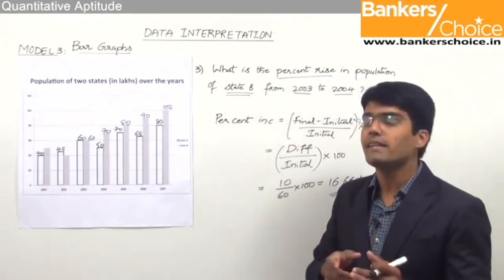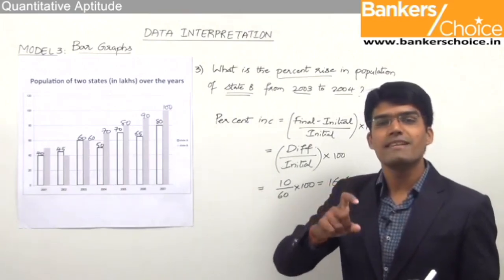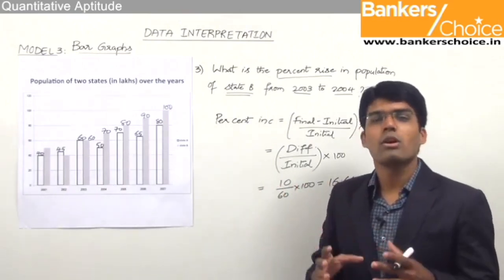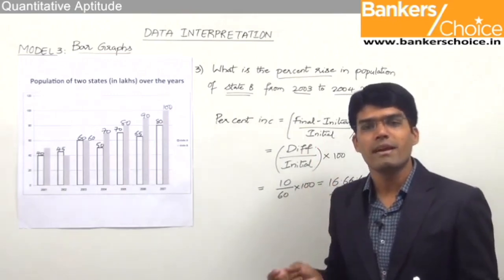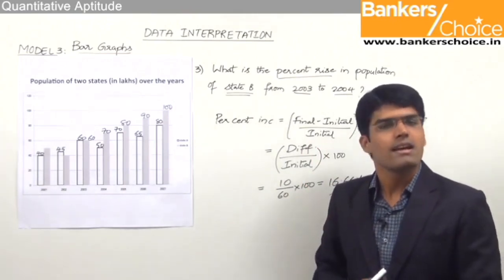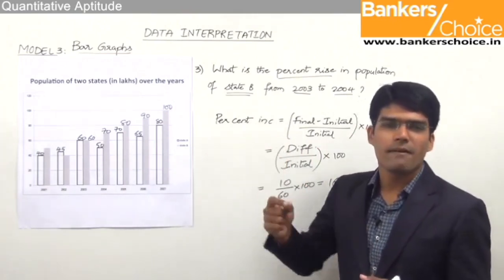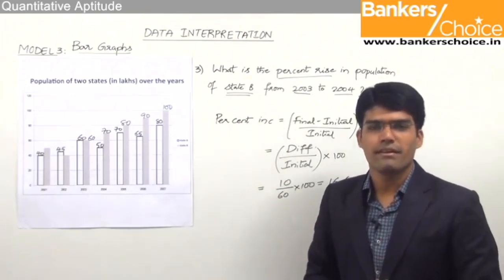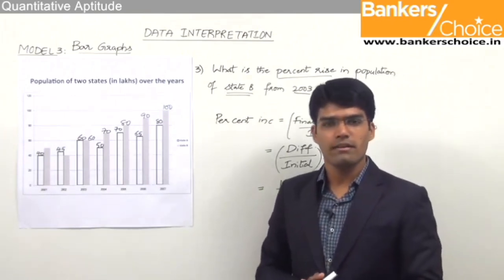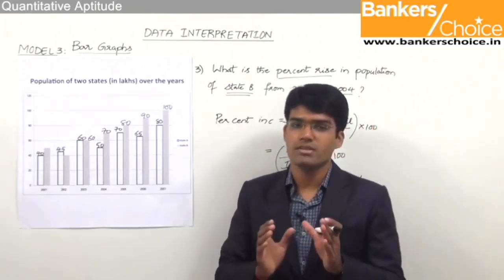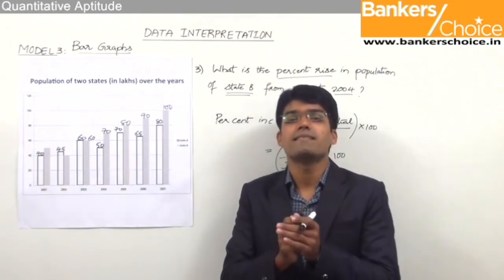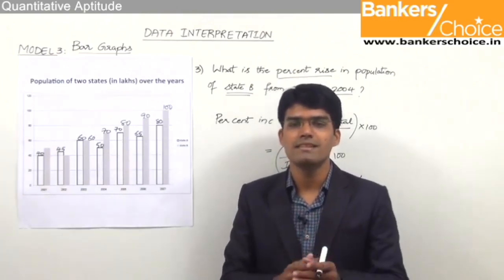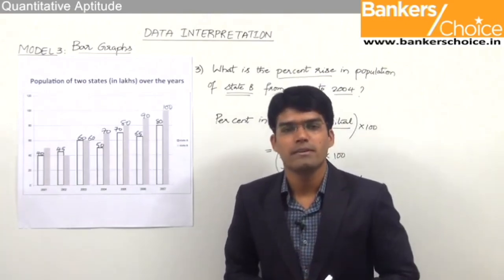We can directly evaluate the percentage changes visually by taking the length of the bars. But not always, only in certain cases like increment by half or decrement by half, it will be easy for us to decide. Otherwise, again we can take it as final minus initial by initial into 100, or difference by initial value into 100. So this is one very important question which is asked in case of bar diagrams especially, that is percentage change, final value minus initial value by initial value into 100.